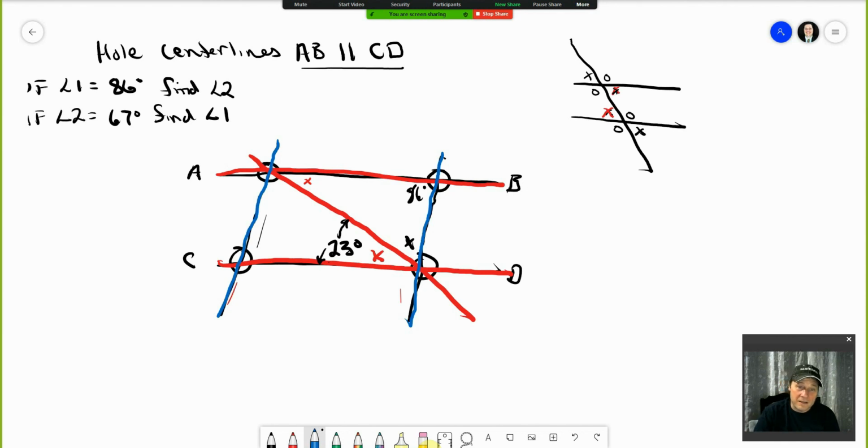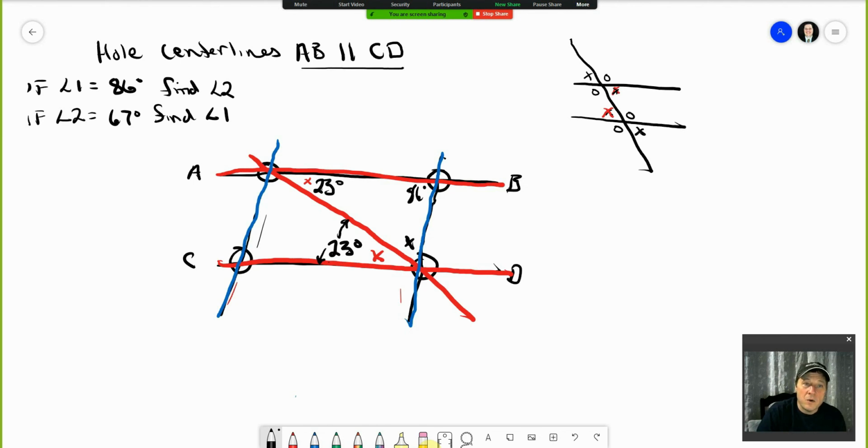So I'm going to write that in here, that this is 23 degrees in here. So what I'm asking for is this angle, which is angle 2. Well, now we can solve it, right?